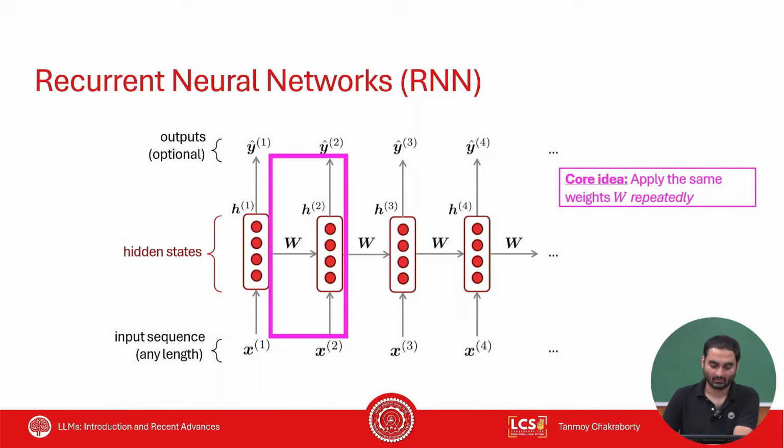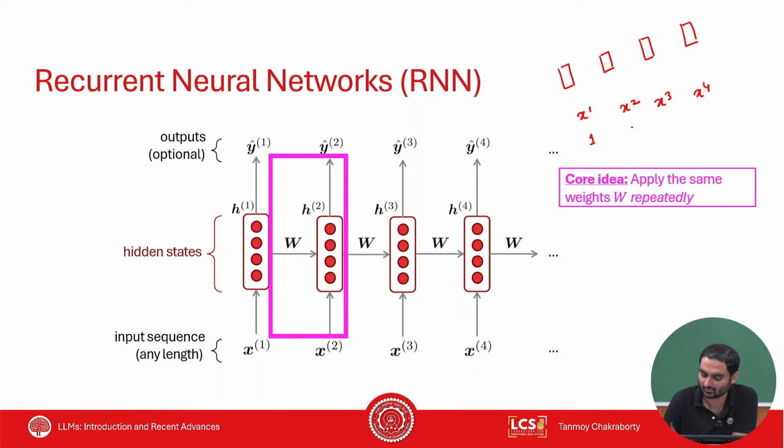What is an RNN? So an RNN looks like this. Let's say I have inputs x1, x2, x3 and x4. These are embeddings, and we have different hidden states. So at every position we have a hidden state.